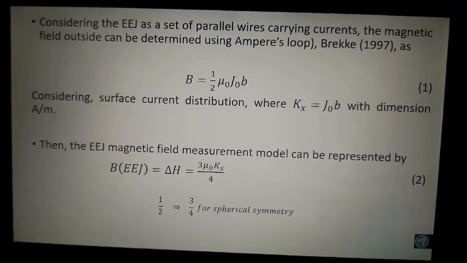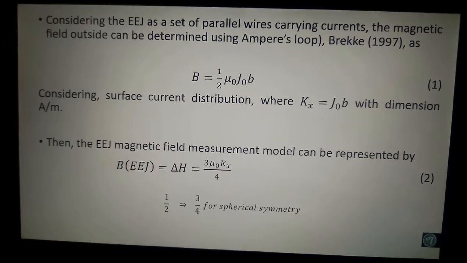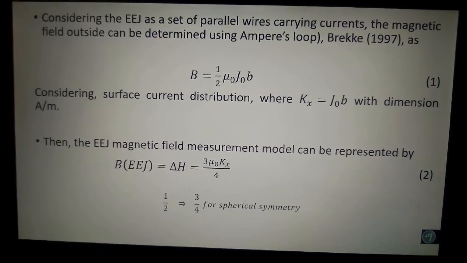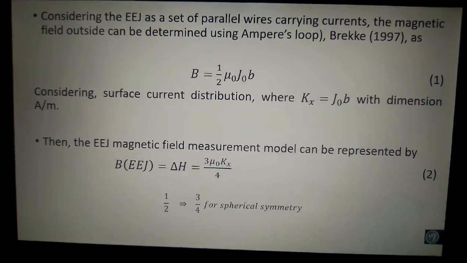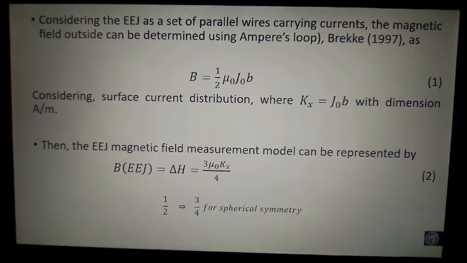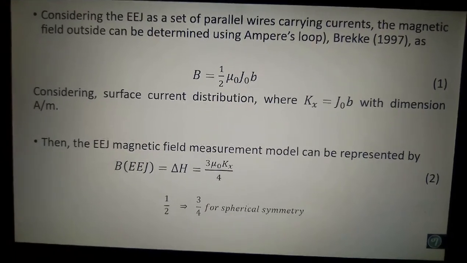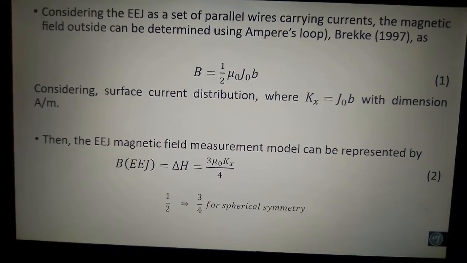Considering the EEJ as a set of parallel wires, we can estimate the induced magnetic field from the EEJ by using Ampere's law, equation 1.